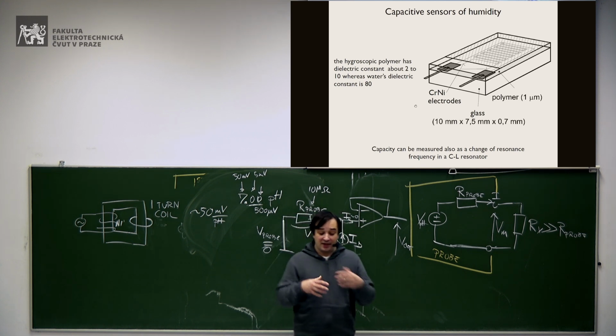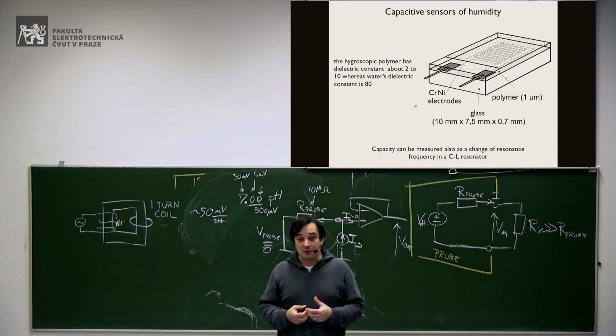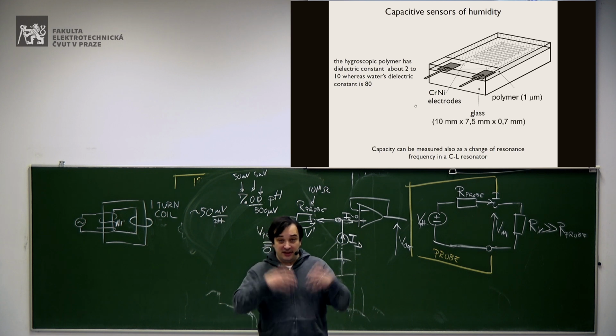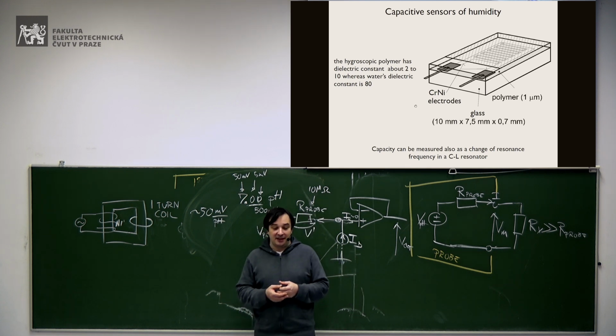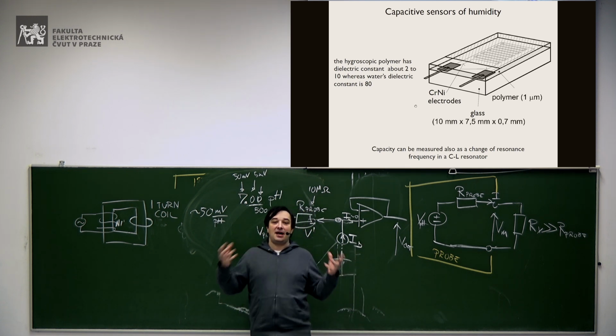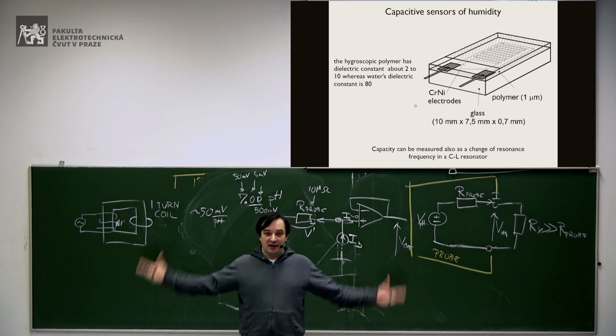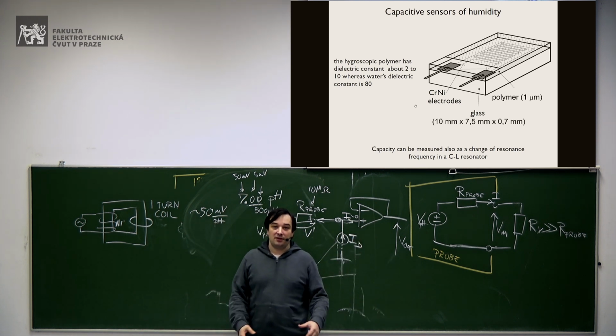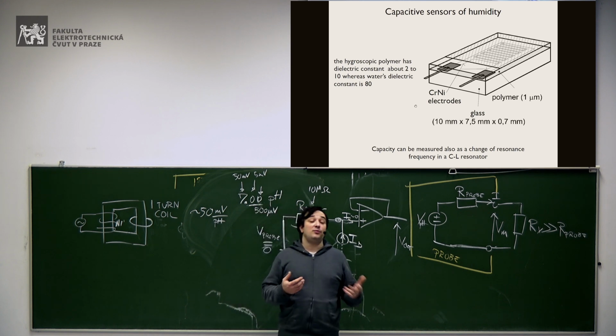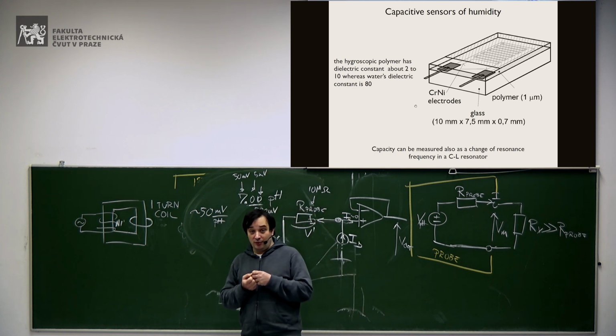How do we do it? We have a hygroscopic polymer which absorbs the water in the air. The relative humidity is the amount of water that you have in the air. Okay, so when you say that the humidity is 50%, what do we mean?